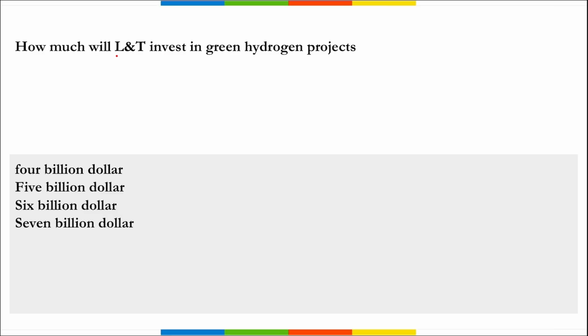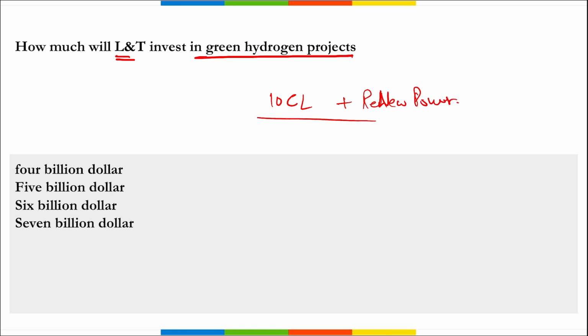Next, how much will L&T invest in green hydrogen projects? So remember, it is L&T and its joint venture partners Indian Oil Corporation Limited and ReNew Power. I repeat, L&T, IOCL and ReNew Power will invest up to $4 billion, correct?